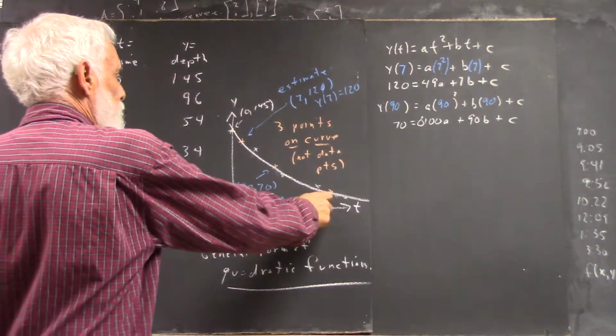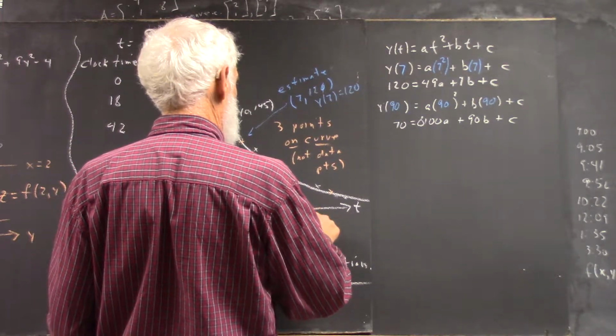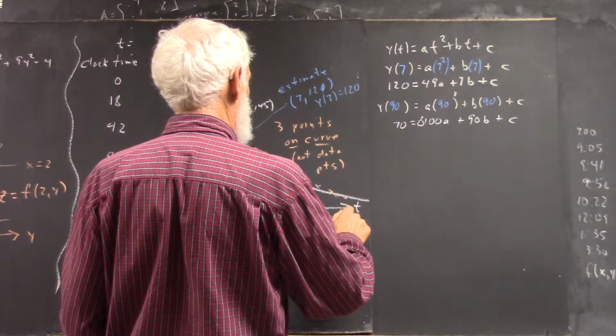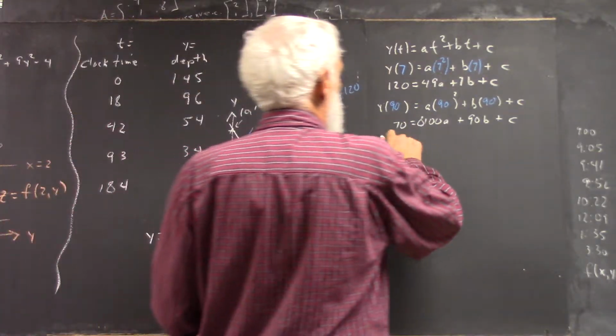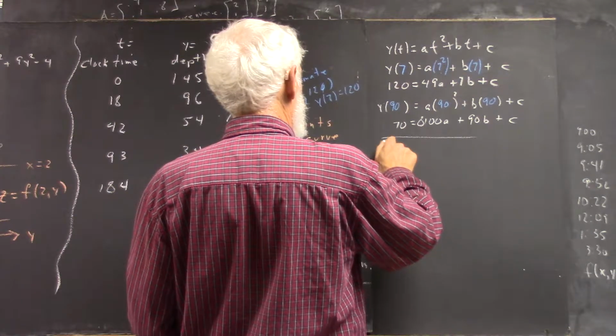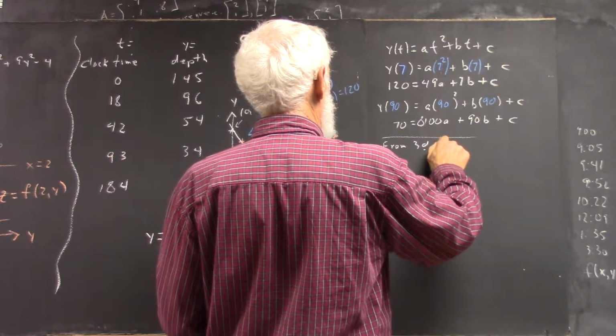And then I estimate this point out here, which I'm going to say is, oh, let's say 170, 15. So I'll just say, I'm not going to write it out in detail for the third point.